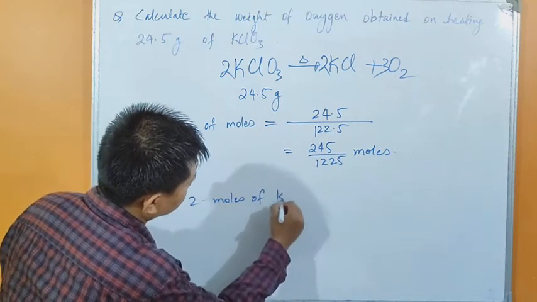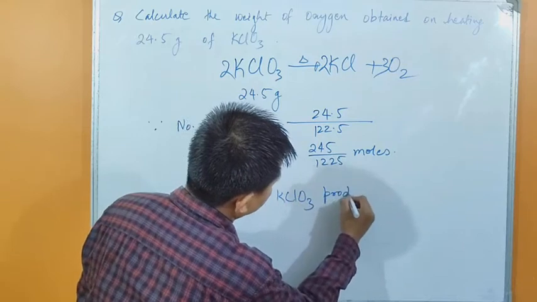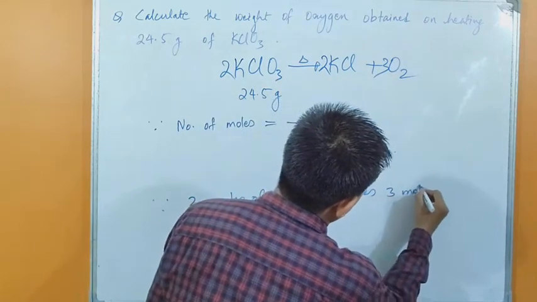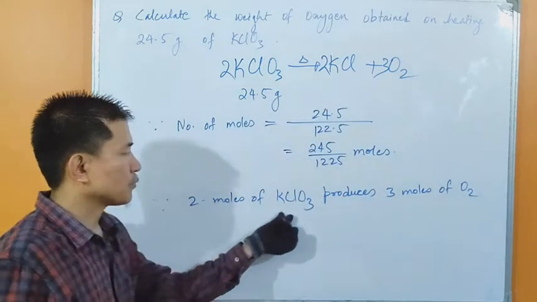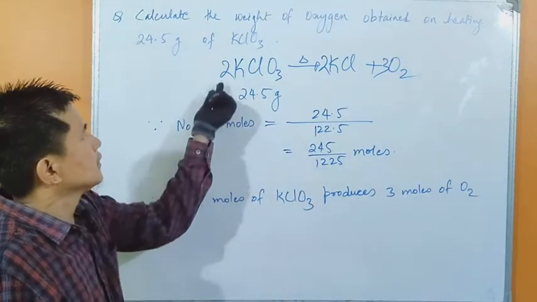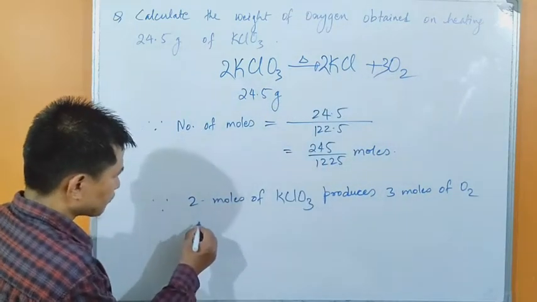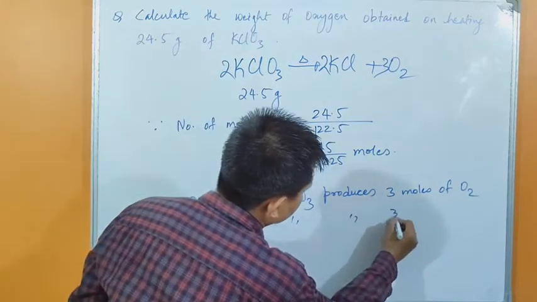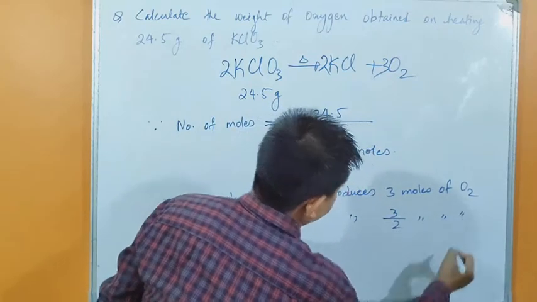How do we get this? 2 moles of potassium chlorate produces 3 moles of oxygen. So 1 mole of potassium chlorate produces 3 upon 2 moles of O2.